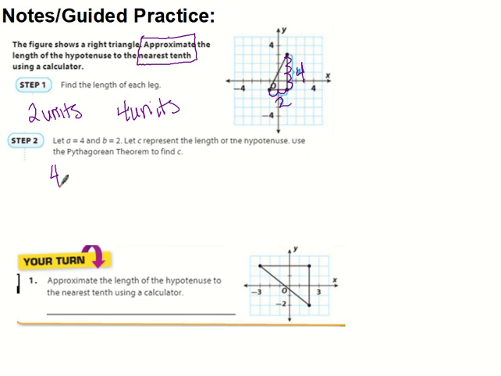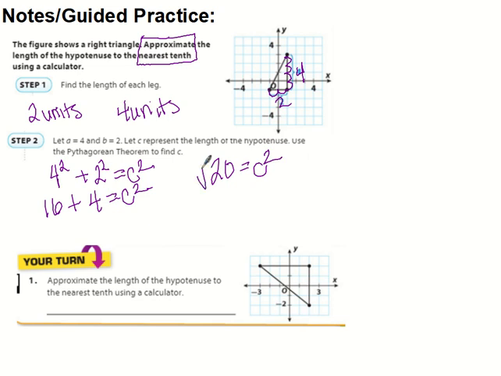There we go. I'm just going to circle both of them. So we're going to go 4 squared plus b squared, 2 squared equals c squared. So 16 plus 4 equals c squared. So we get 20 equals c squared. Inverse of squaring is square rooting. So this is where your calculator comes in handy.